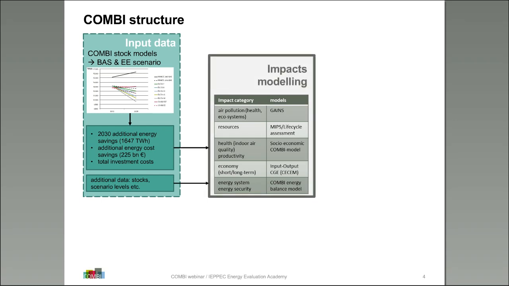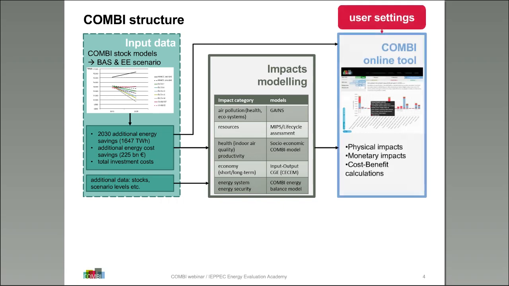On all those steps, I will tell a little more in just one second. Those input data were then used for actually modeling the individual impacts by applying different kinds of models. A little more on this as well in a minute. And then the outcomes of all these impact modeling were fed into a common database jointly with the input data that we generated.